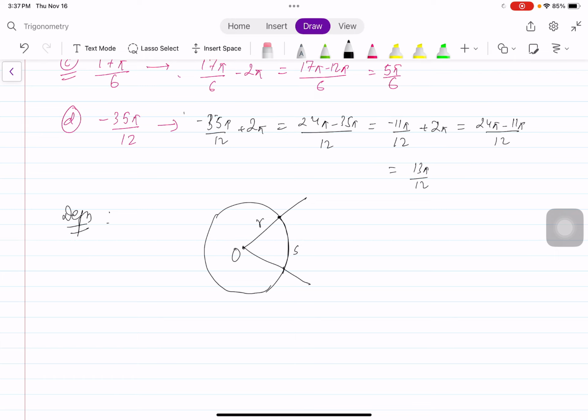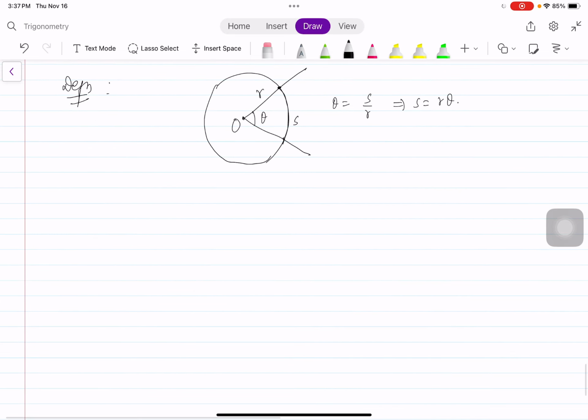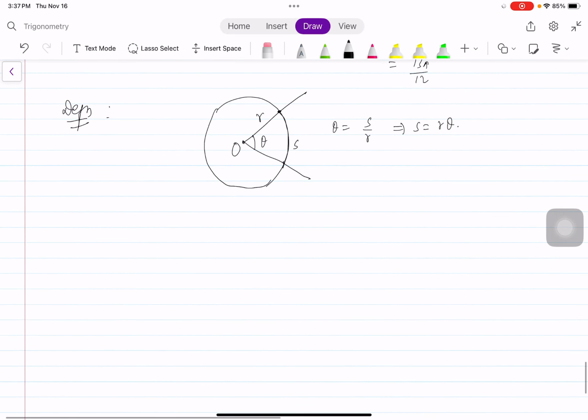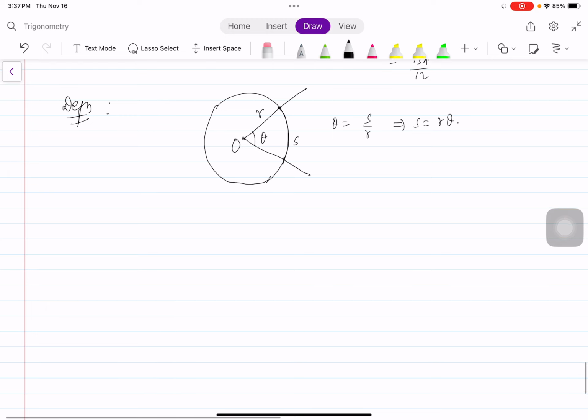How to compute arc length? We know the relation from our previous discussion that theta is given by s over r. So this will give me s equals r times theta. Next, let's do a problem related to this.